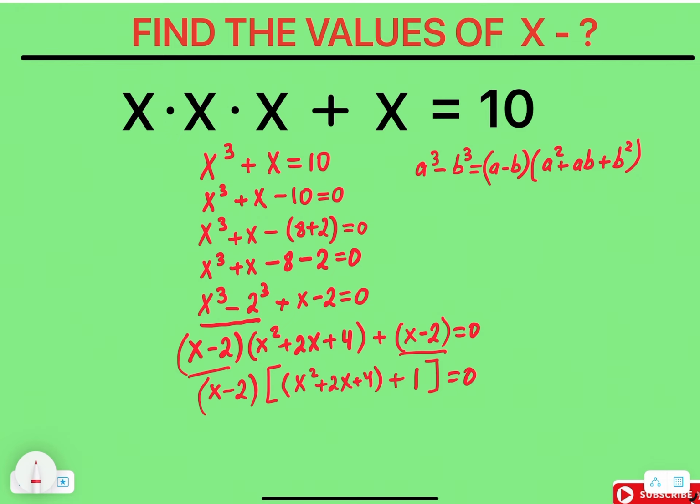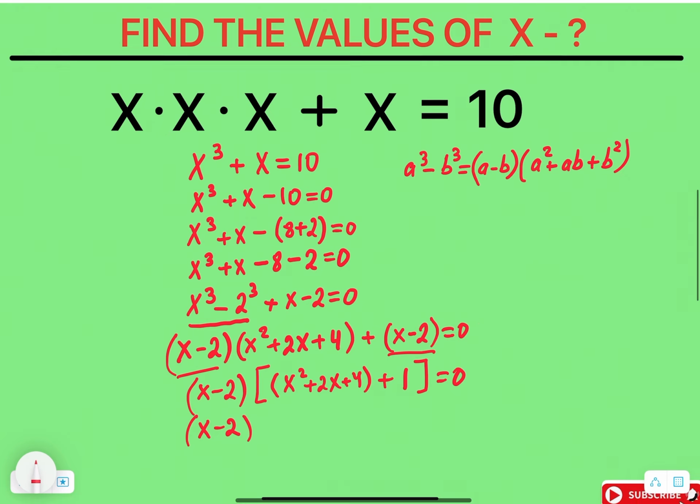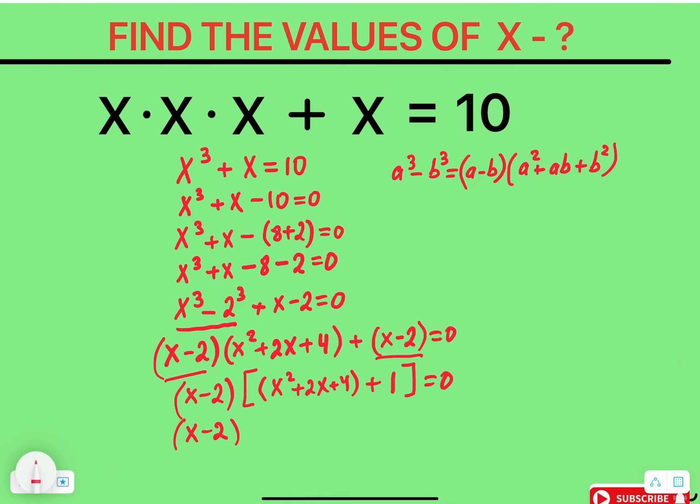Now, let's solve this inside part. We have x minus 2, and inside the brackets, we can combine this 1 with this parenthesis. We will have x squared plus 2x plus 4 plus 1, which will be 5, equals 0.